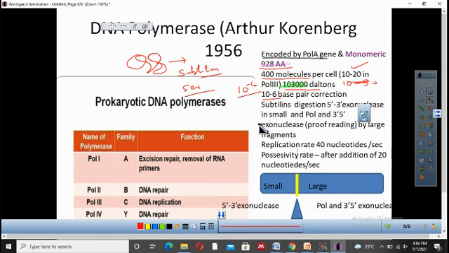When the peptide bond is broken, what happens? It leads to a small fragment and a large fragment. This small fragment possesses the 5 prime to 3 prime exonuclease activity, while the large fragment has both polymerase as well as 3 prime to 5 prime exonuclease activity, and this activity is called the proofreading activity. So the proofreading activity lies in the large fragment. The replication rate is 40 nucleotides per second.